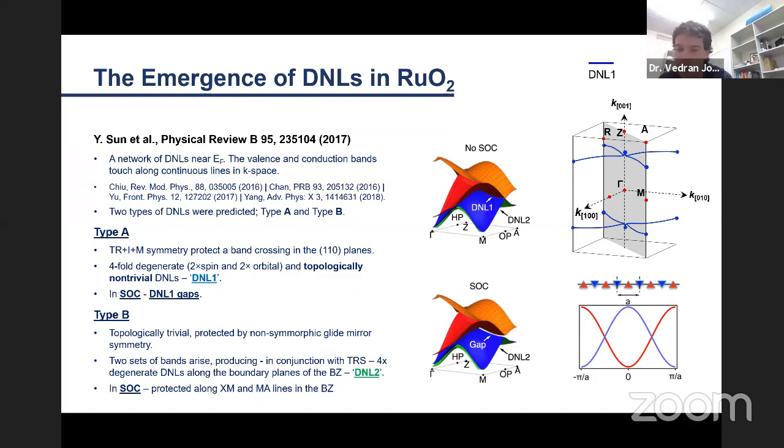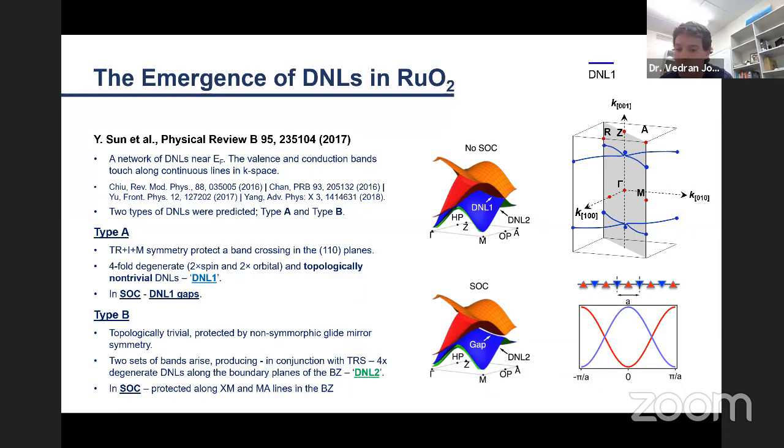And if you have spin orbit coupling in the system, Dirac nodal line 1 will gap, resulting in the anti-crossing of the 3D manifold, which is expected to produce a large intrinsic spin Hall conductivity, similar as in iridium oxide.